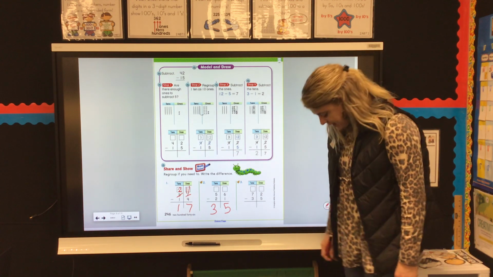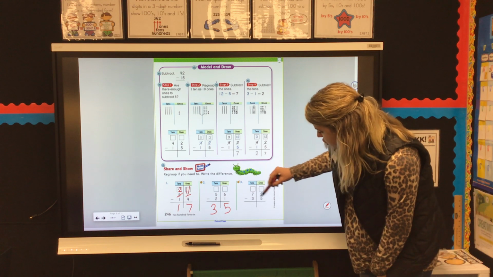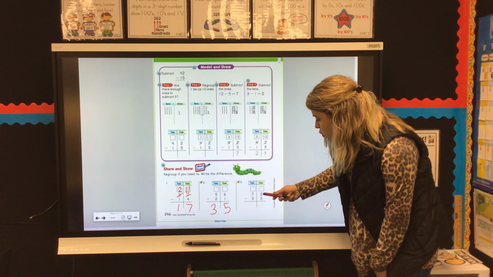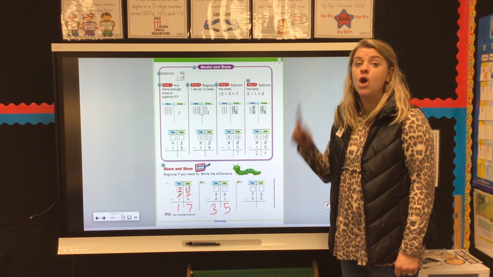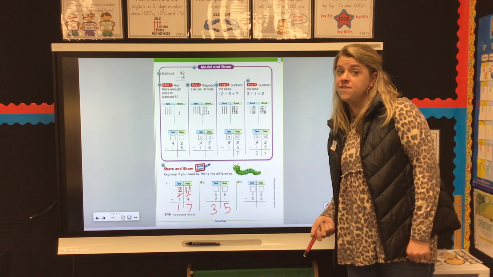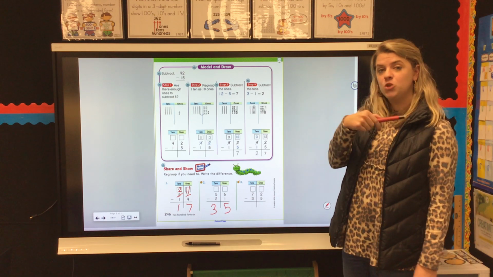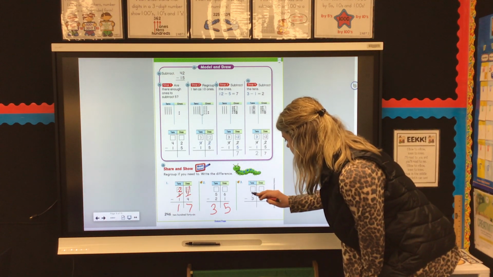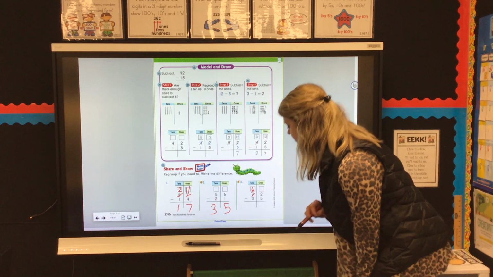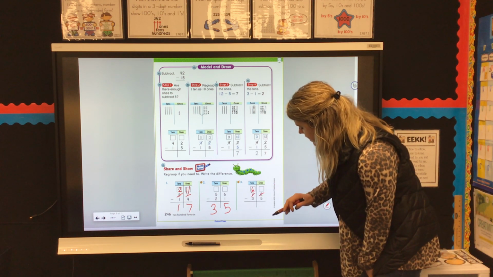All right, let's see if we got the answer right. Here we go. 72 minus 35. We have 2 ones on the top, 5 ones on the floor. More on the floor. Go next door and get 10 more. So we're going to go next door. We're going to borrow a 10 rod. So now I only have 6, and I'm going to give 10 over here to my ones.